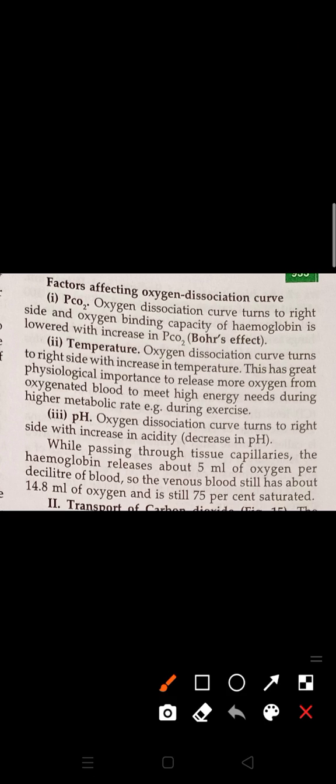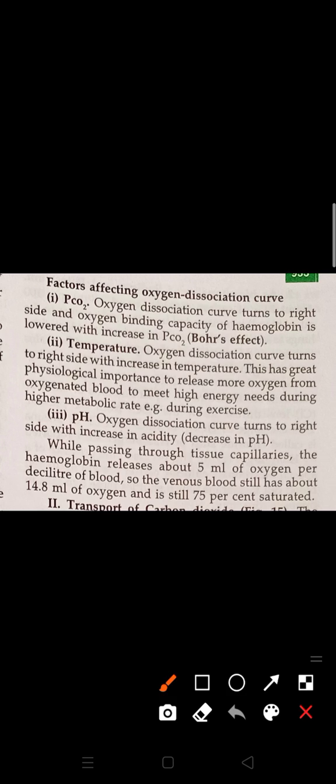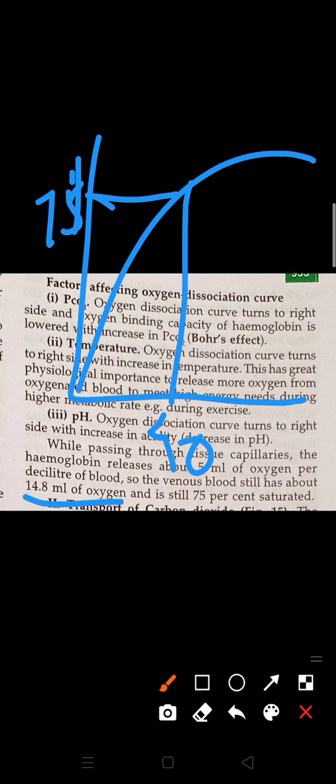Now, I hope that much is clear. While passing through tissue capillaries, the hemoglobin releases 5 ml of oxygen per deciliter of blood. So the venous blood has about 14.8 ml of oxygen. Try to understand it, children. If you remember the oxygen dissociation curve, at the point of 40 mm of partial pressure, you know very well, it is having 75% of oxygen.